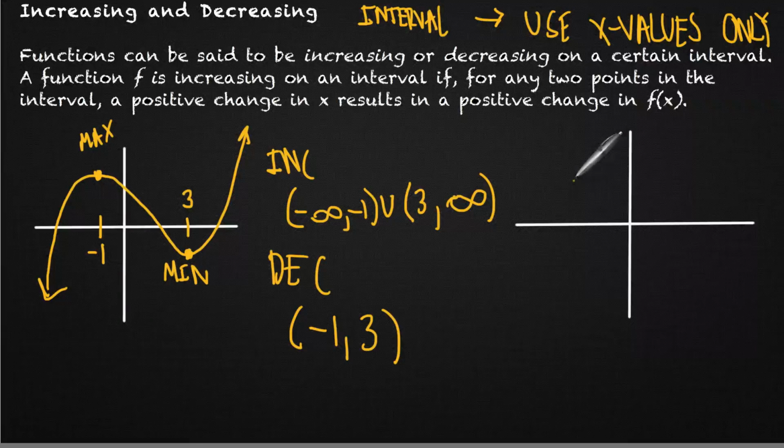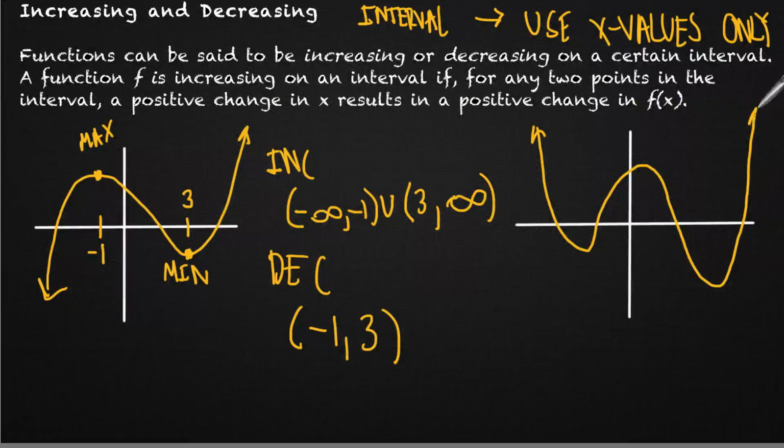Let's do another one here. Let's say it looks something like this, and there's our function. Let's say we have that point there, and let's make that -2. We'll make that other point happen at x equals 1. And then we have another minimum point when x equals 4.